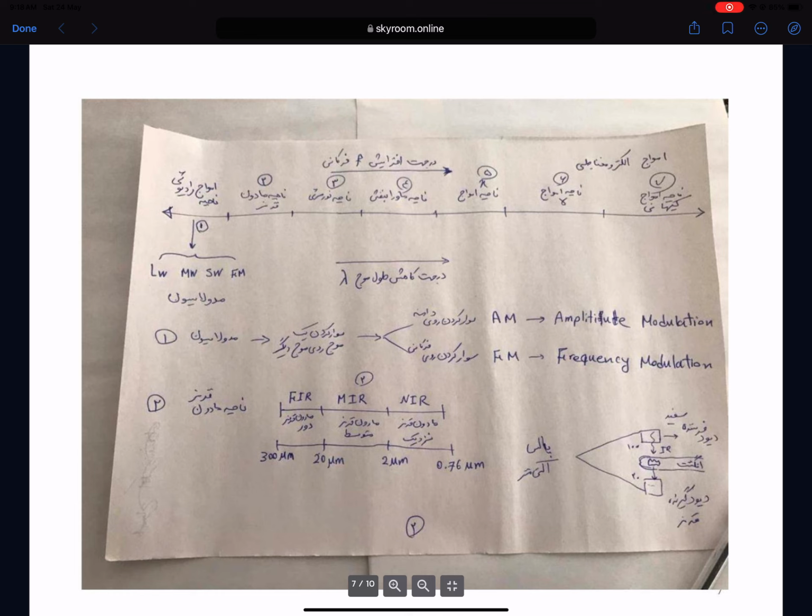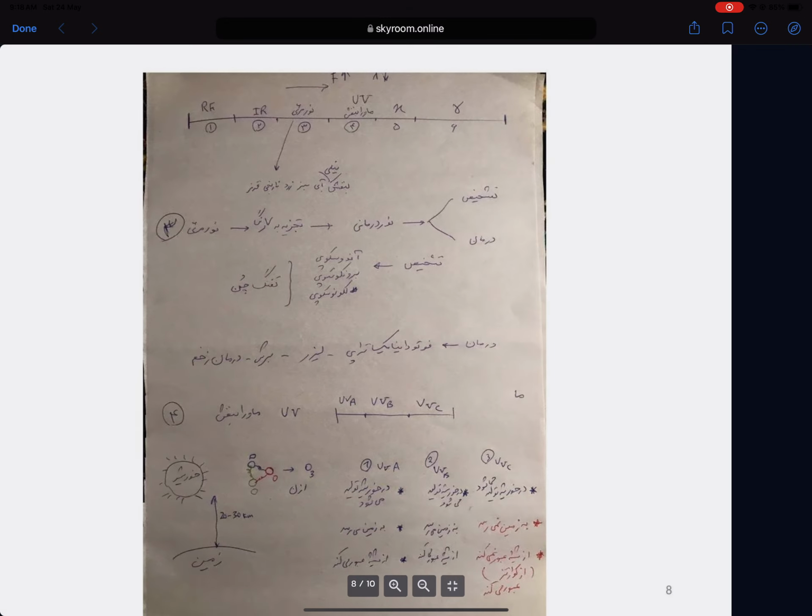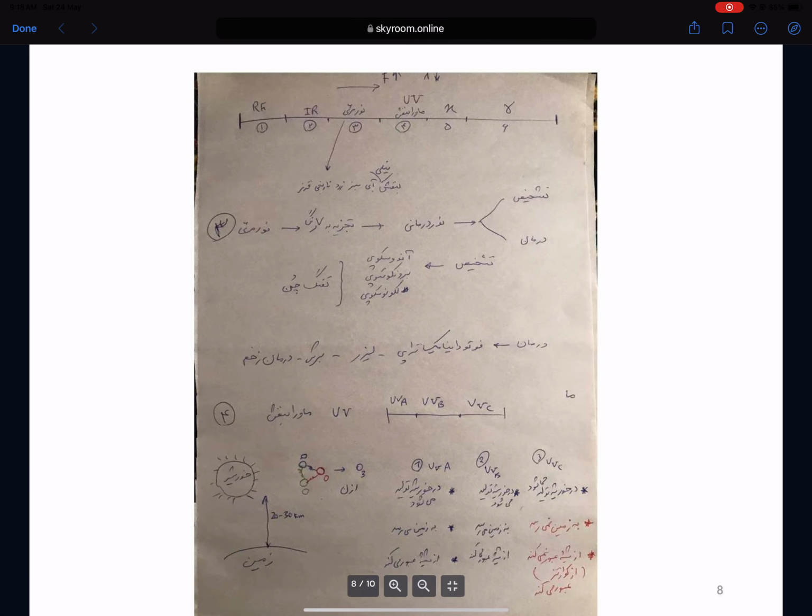So I will go to the next region, which is the fourth region, and we call it ultraviolet or UV. Okay, again, in the next slide, don't worry and don't panic about the Persian words. I'm sorry, but I will, as I told you, translate word by word into English. On the top of the page, again, I showed the electromagnetic family album.